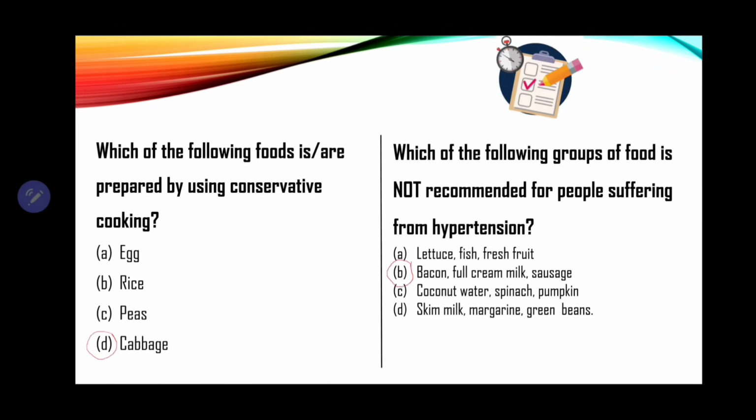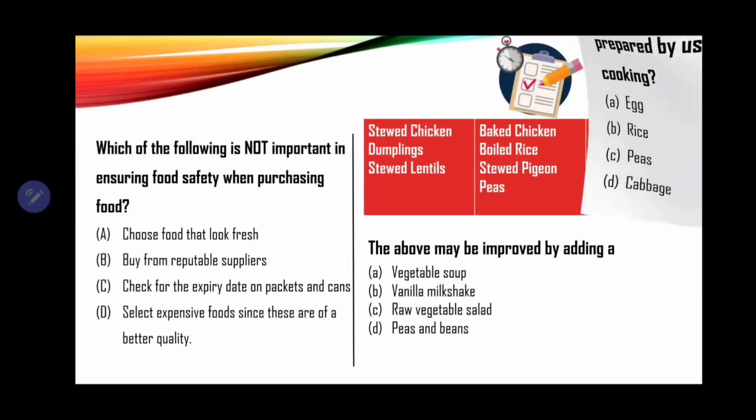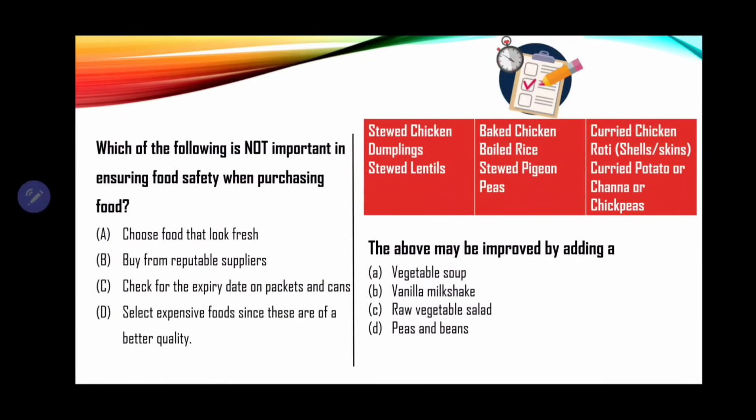All right. Next question. Which of the following is not important in ensuring food safety when purchasing food? A, choose food that looks fresh. B, buy from reputable suppliers.